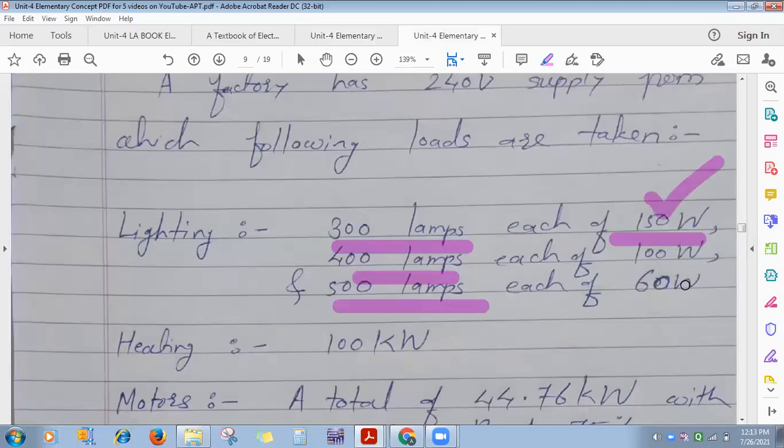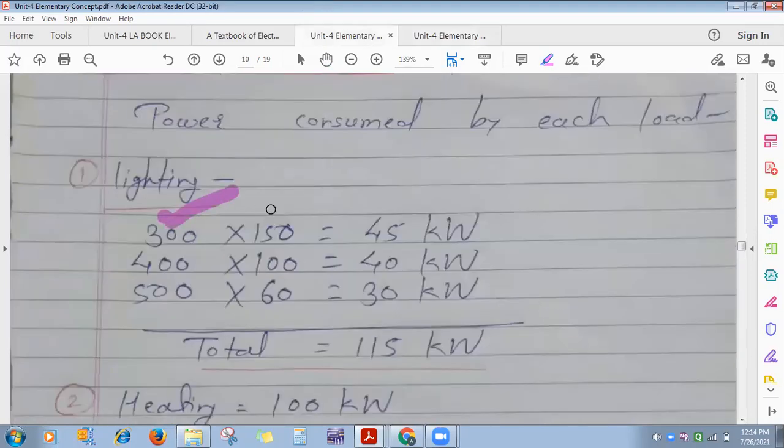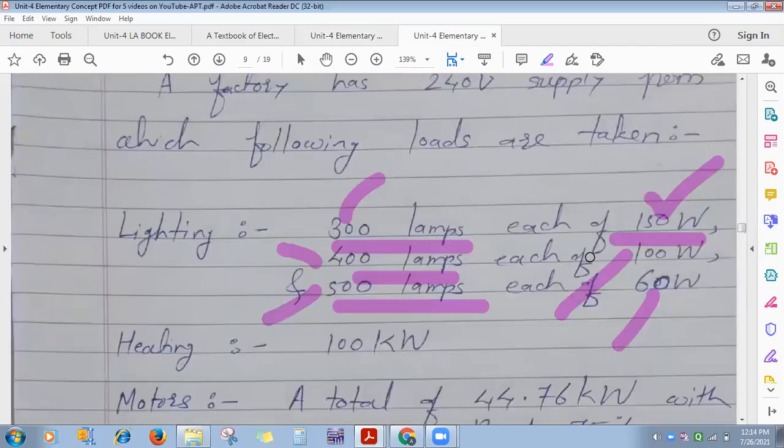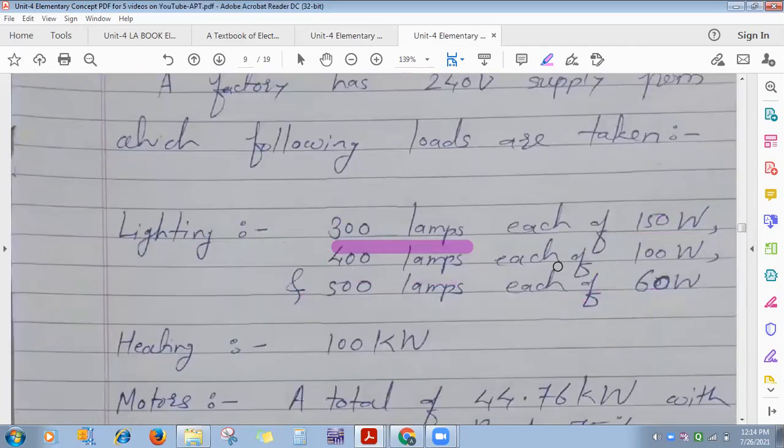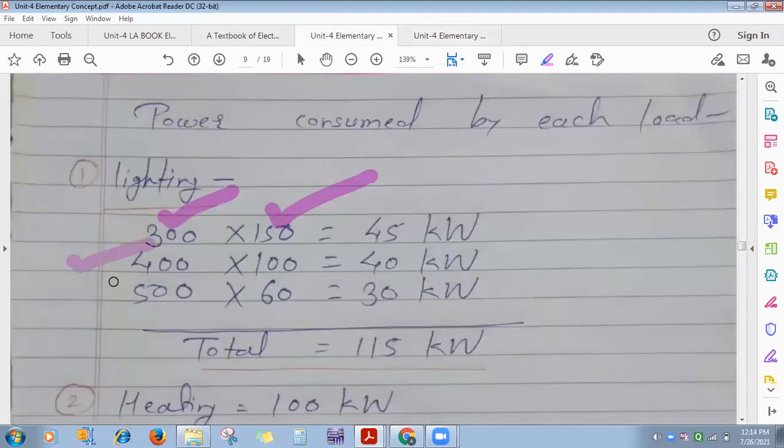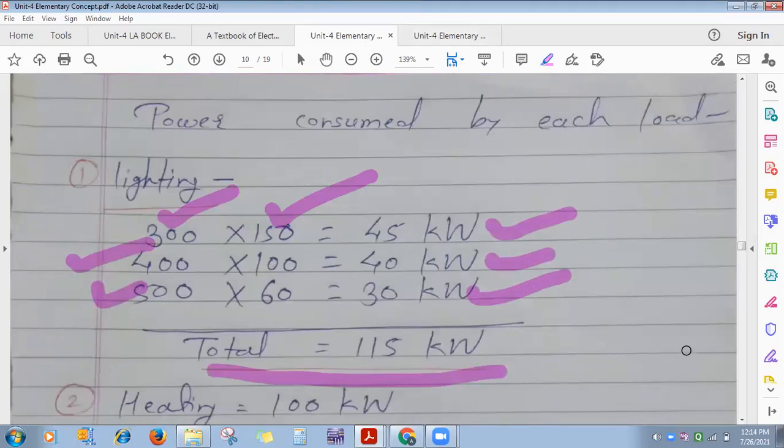First one with 150 watt power rating, second one 100 watt power rating, and third one 60 watt power rating. And numbers are also different, 300, 400 and 500. So using this, you can calculate the power. See here, 300 lamps, each operating 150, isn't it? 400 lamps, each operating 100, and 500 lamps, each of power specification 60. So using this, can you calculate power? And you can add it. So total power consumed by that lamp load is 115 kilowatt. Got it? Any difficulty with this?